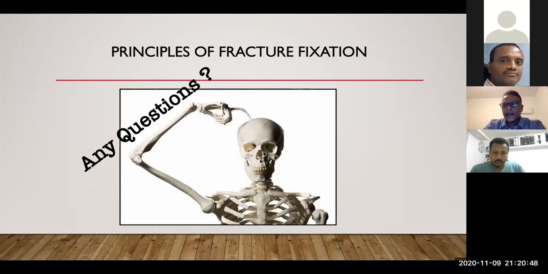And also the way of reduction we mentioned, we spent time speaking about how to reduce a fracture. Sometimes the problem is a very difficult fracture and the reduction is not very easy.